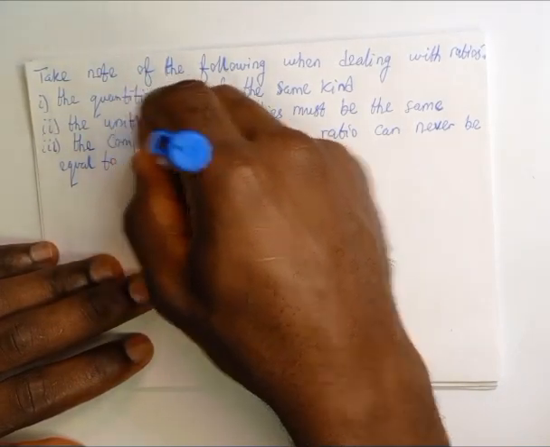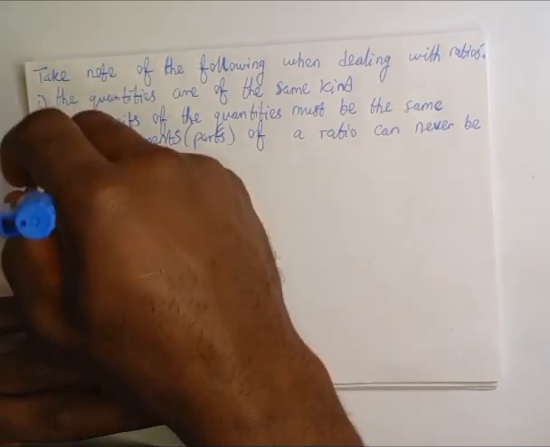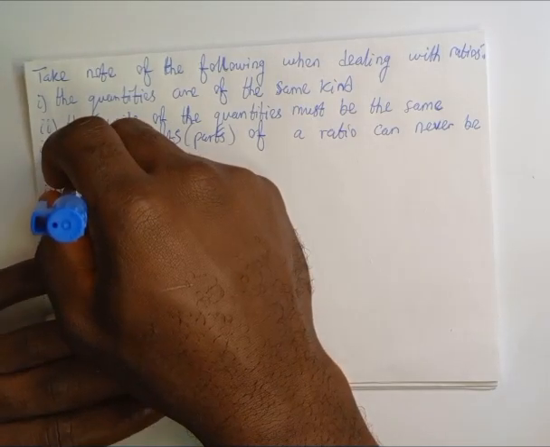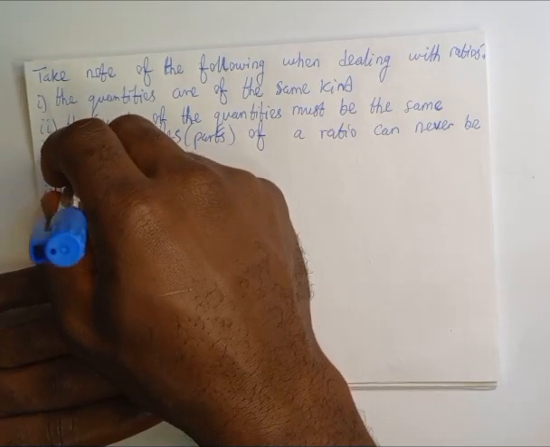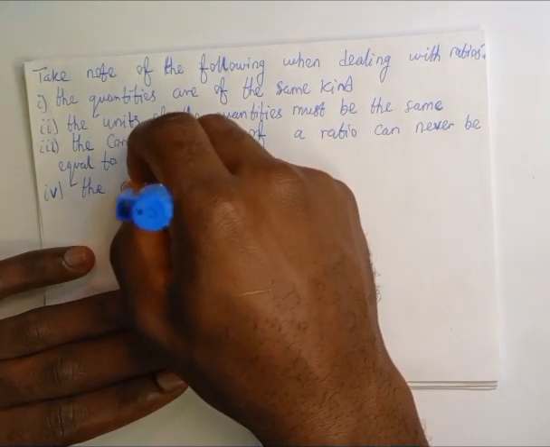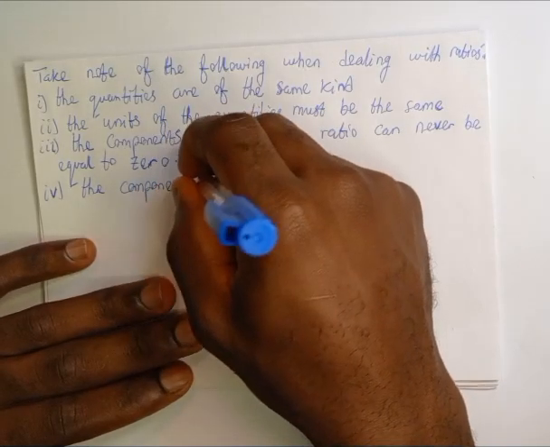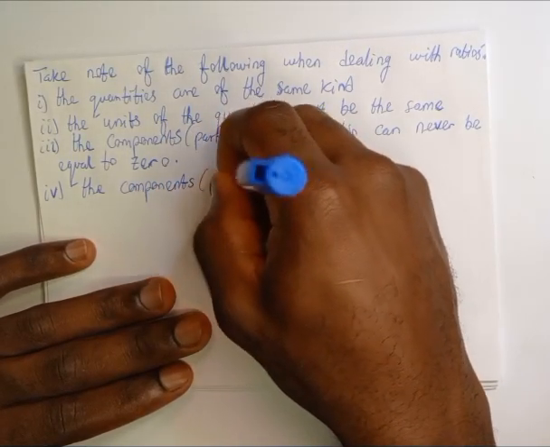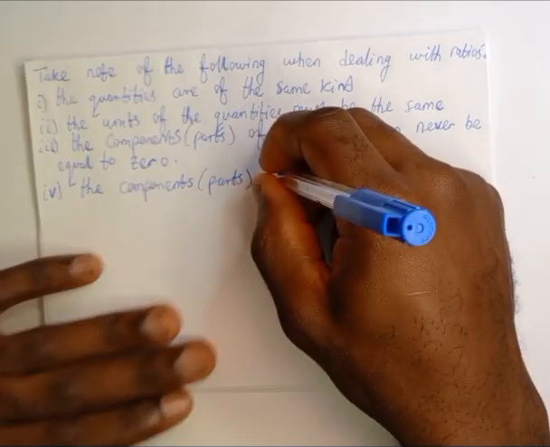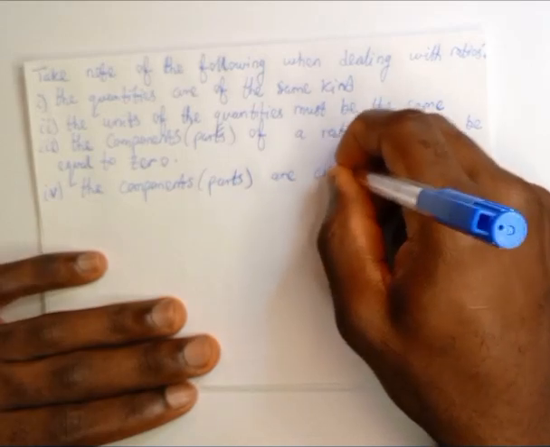That means for any ratio, none of the components can be equal to 0. We go now to the fourth point, which says the components, in brackets parts, are compared.